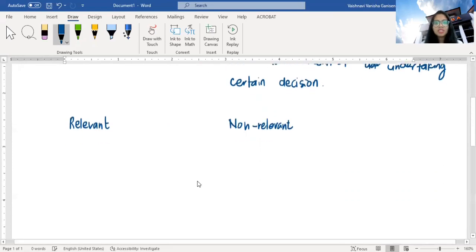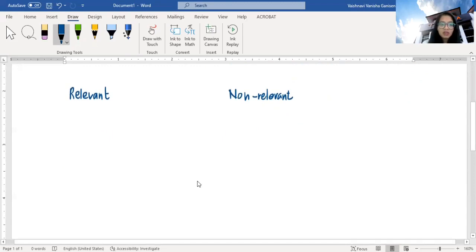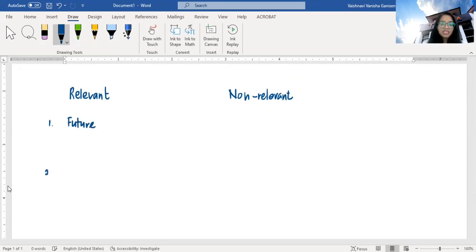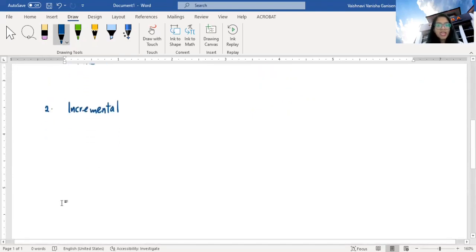Okay, when you talk about the relevant cost, number one, a relevant cost is a future cost. It has to be an incremental cost. And it also has to be a cash flow.